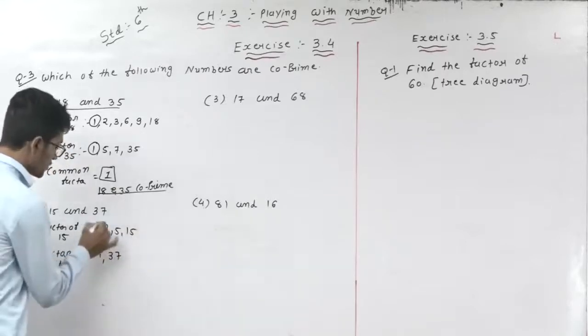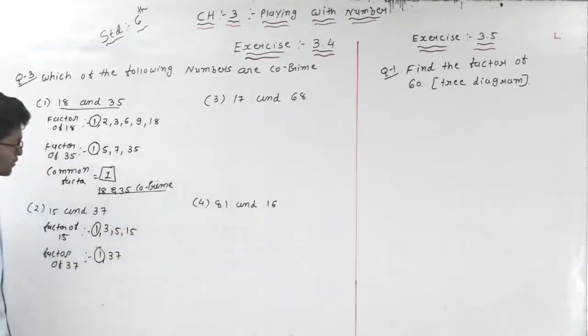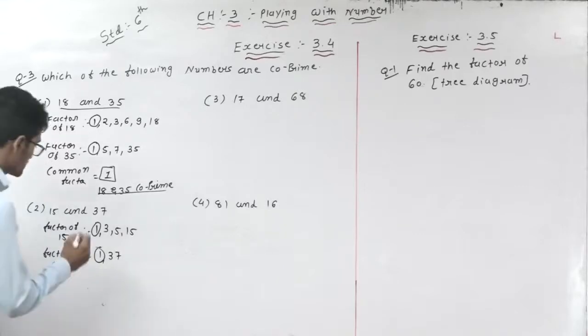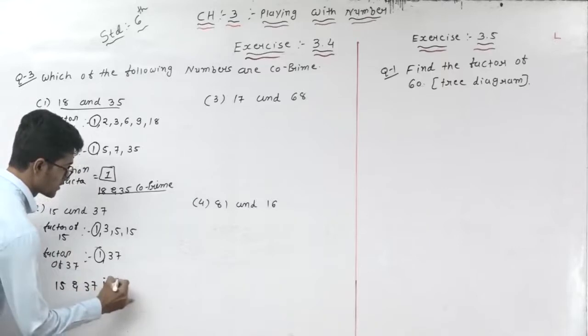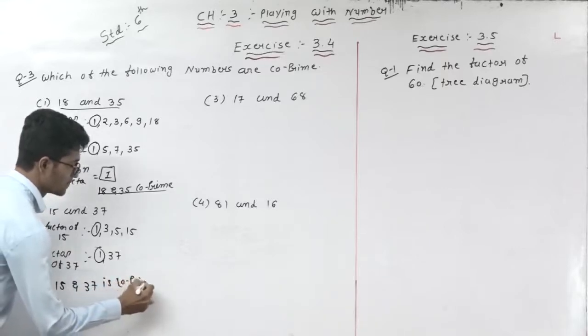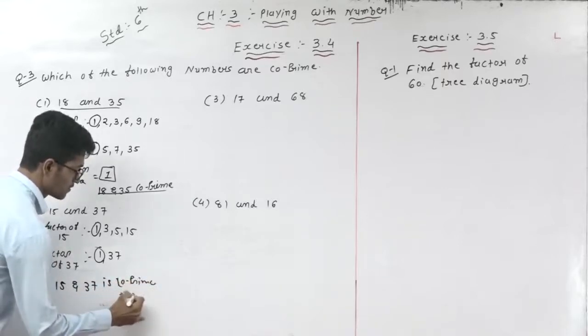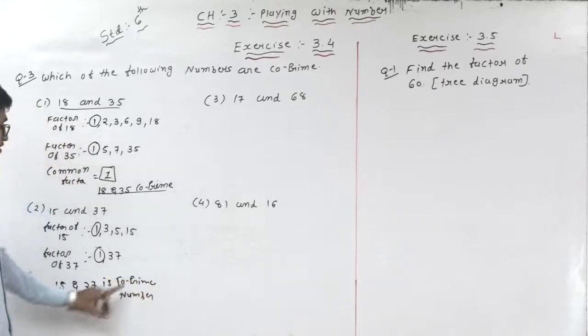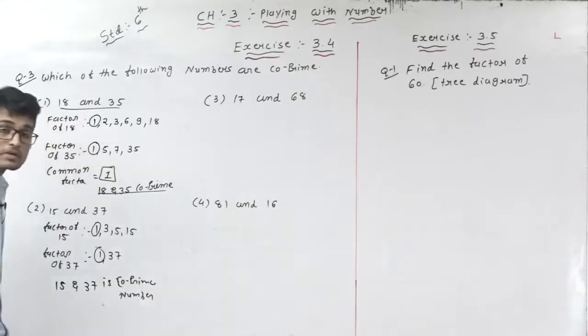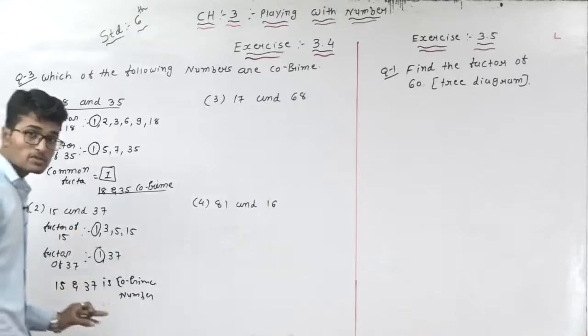Okay. Now find the common factor. So here also the common factor is only 1. No other common factor. It means 15 and 37 are co-prime numbers. Understand what co-prime numbers are?